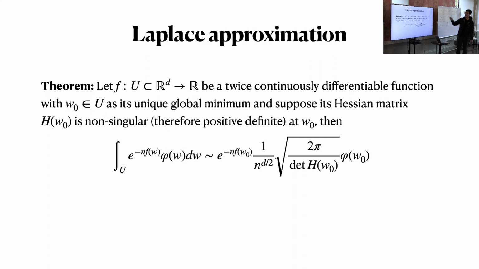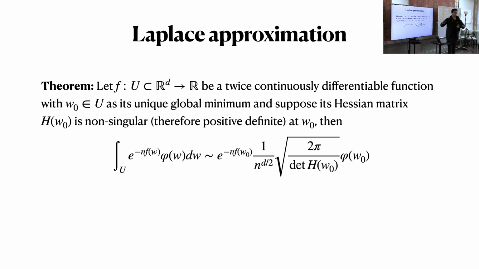Laplace approximation is a theorem that says that if you have a function f that is C2, that is, twice continuously differentiable, and it has a unique global minimum, and its Hessian matrix at the global minimum is non-singular. Since I'm calling it a global minimum, the Hessian has to be concave up.